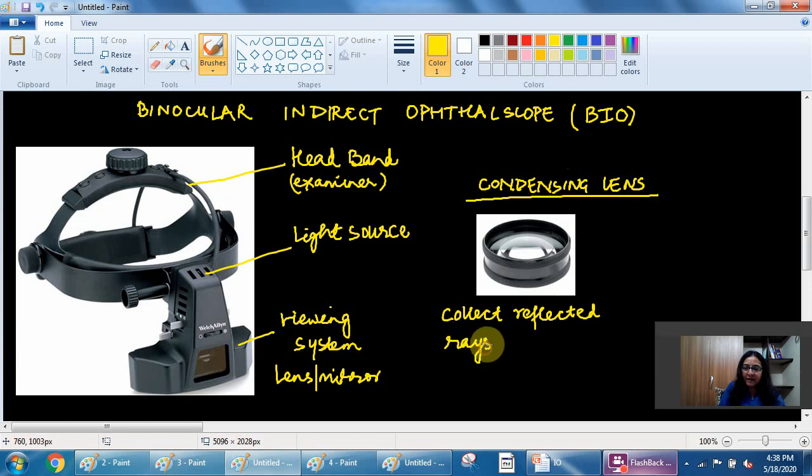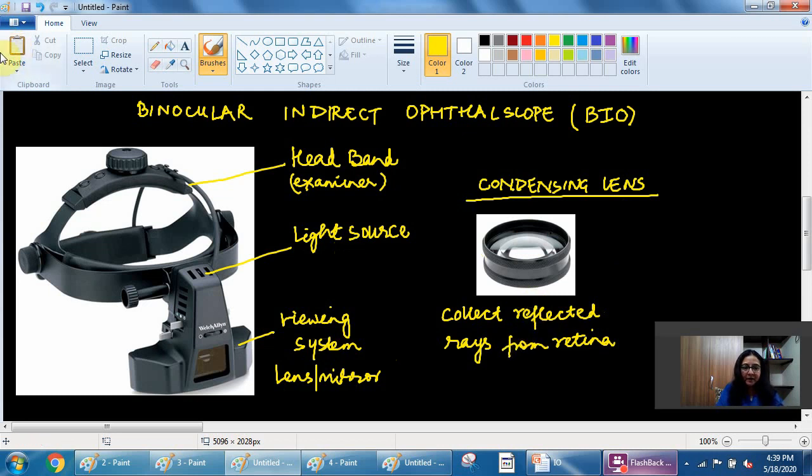I'll show you a diagram so that you can understand this in a better way. But just to revise, there is a light source which will illuminate the retina of the patient. There is a viewing system which will help the observer to look at the image of the retina, and there is a condensing lens which actually forms the image of the retina.